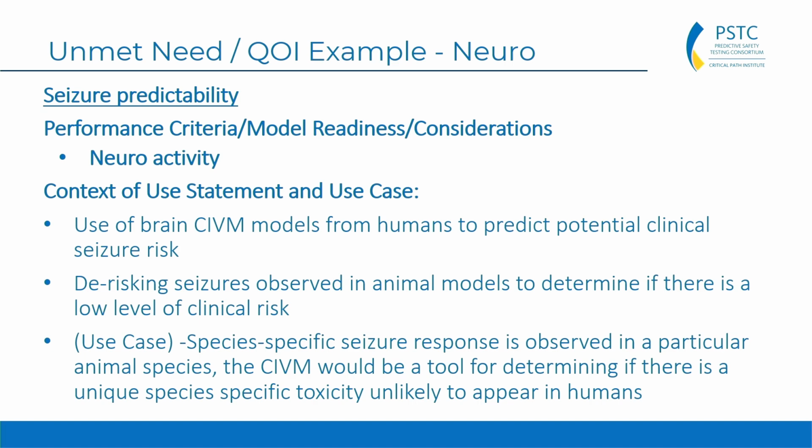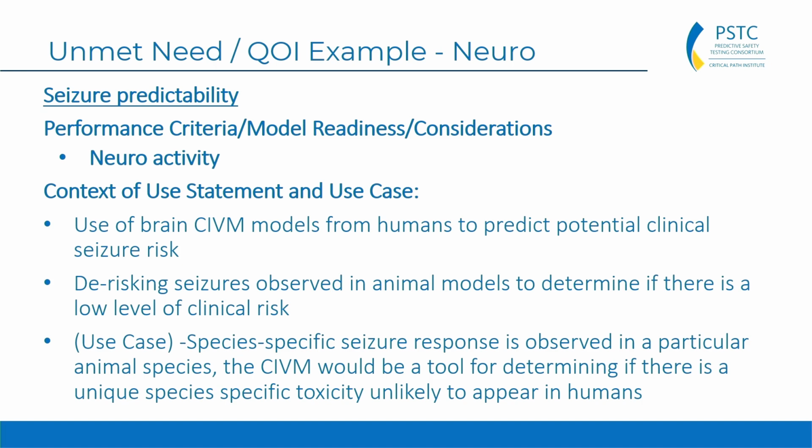And then the second part of this was de-risking seizures observed in animal models to determine if there's a low level of clinical risk. So in this case, we would have models from various species. This is the case where you see a seizure in a rat or in a dog study, and we want to know what the level of clinical risk is.